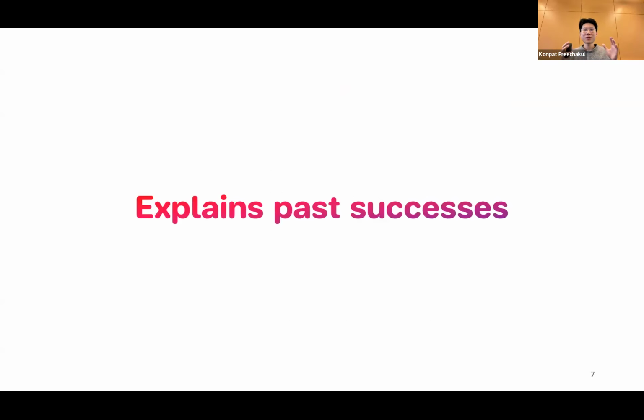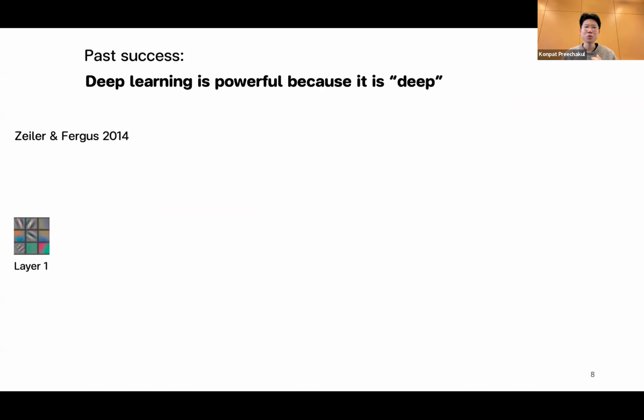Okay, so first of all, it explains past successes. Deep learning is powerful because it is deep. I'll give you an example from Zeiler and Fergus 2014 here. What it shows here is the AlexNet features. Basically it builds up the features, right?